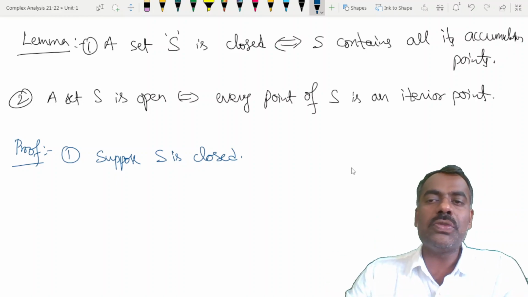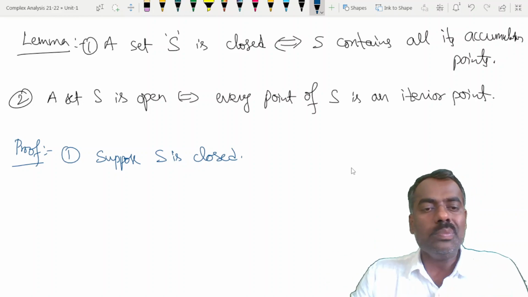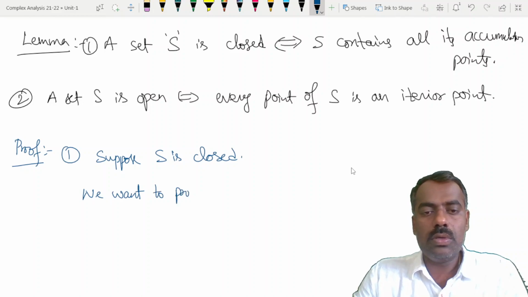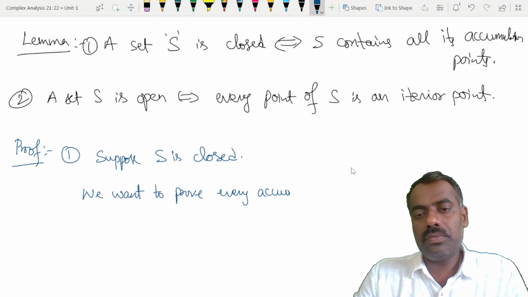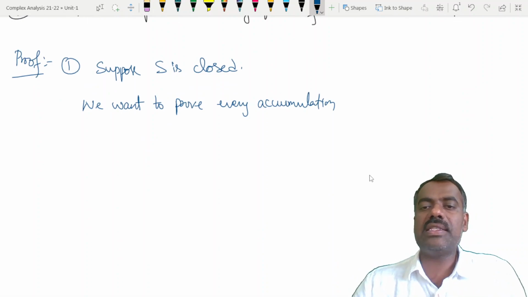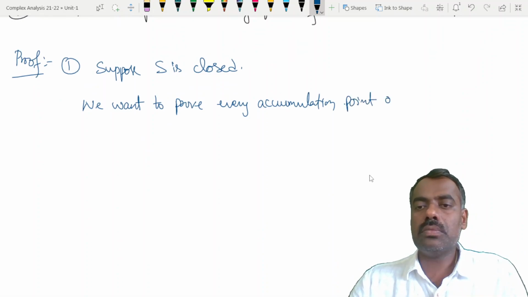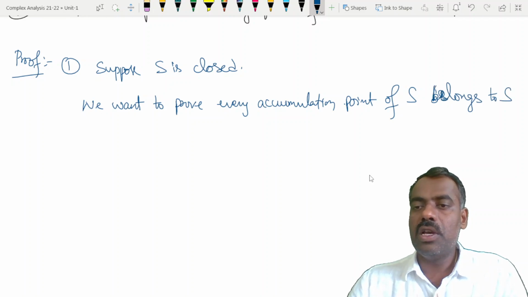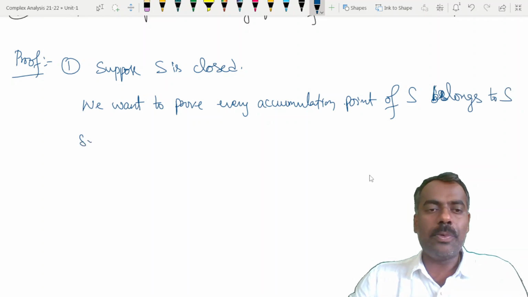So that is not true means what? We want to prove that every accumulation point of S belongs to S. So suppose not.